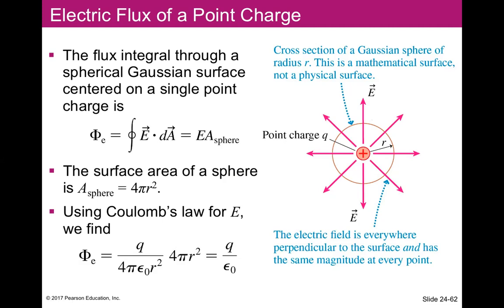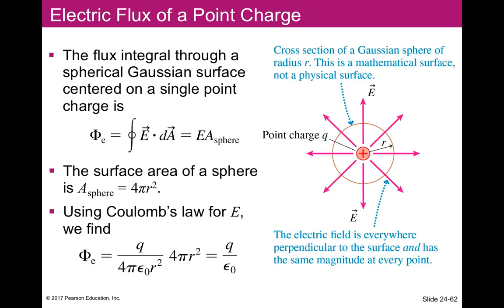And then it becomes very specific. For example, the E at any position on this surface is the same in magnitude. Of course, the direction is different, but the magnitude is the same. And then at any point on the surface, the electric field E is always perpendicular to the Gaussian surface.